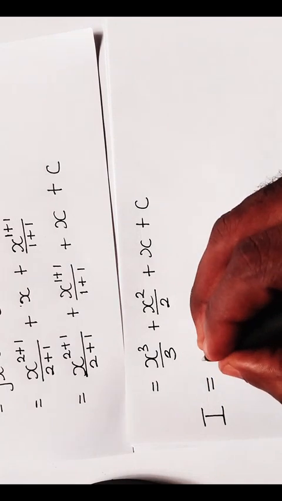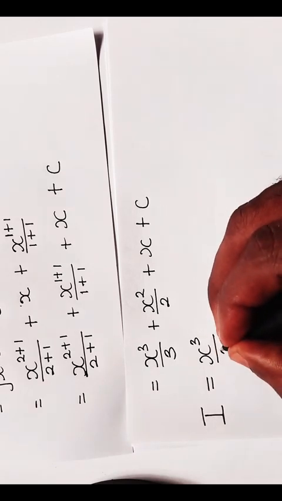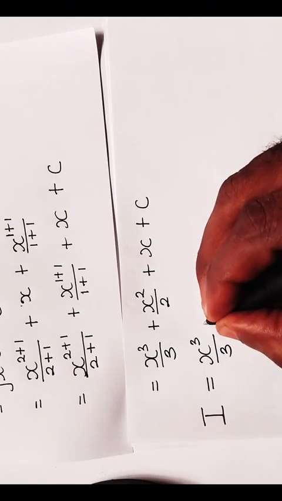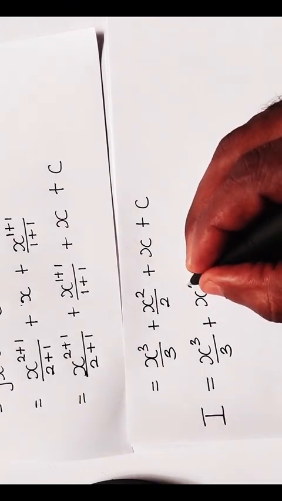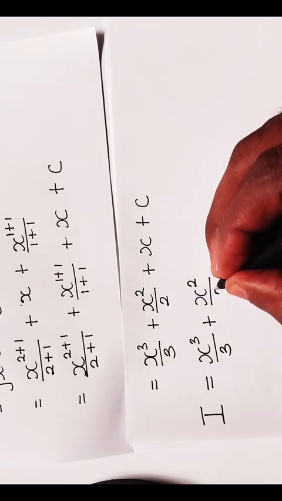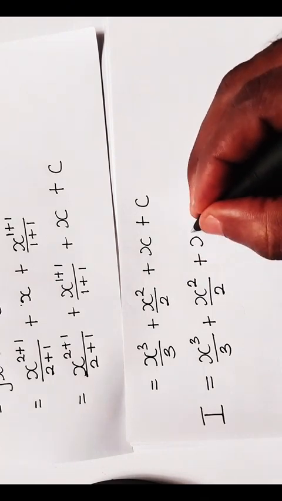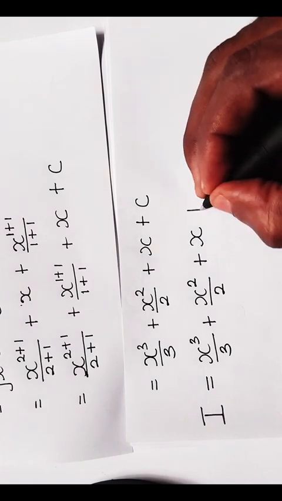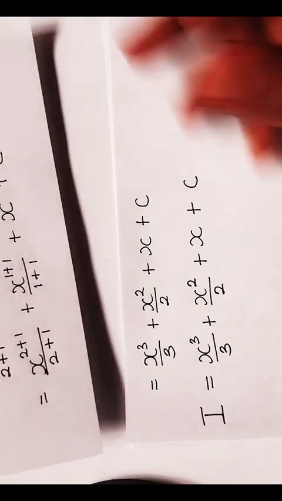This means that I is equal to x^3 all over 3 plus x^2 all over 2 plus x plus c. So it then brings us back to the equation that was given.